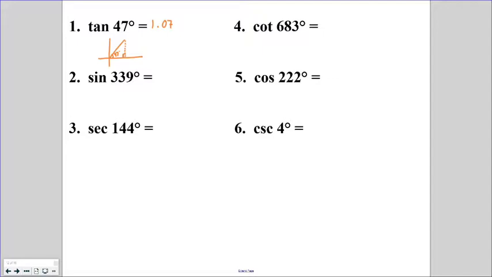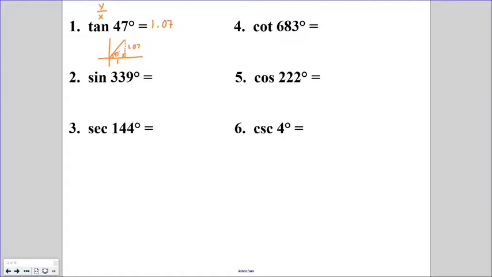Remember, tangent we define as y over x. So if the y coordinate is 1.07 and the x coordinate is 1, we get an angle, 47 degrees, that gives us a tangent of 1.07. All right, so this would not be on the unit circle because the hypotenuse here isn't 1, but this is a diagram that represents the situation. So you guys are going to draw a diagram for each of these problems.